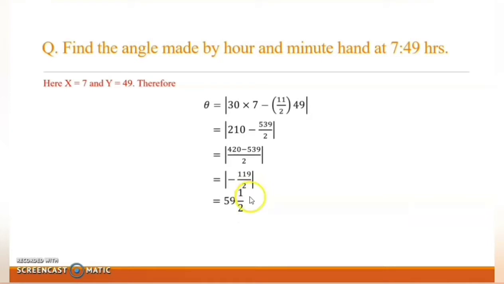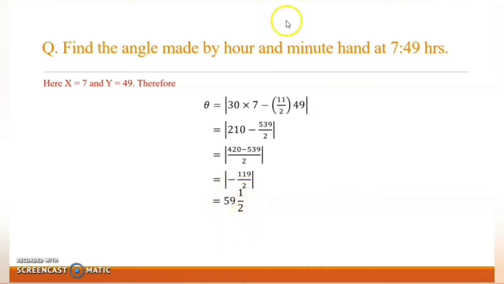Now I have skipped a step in between. Here, how does the minus sign disappear? The modulus of minus 119 by 2 becomes 119 by 2, which on simplification gives me this. Now as I have shown in the previous problem, how do I get this? When I divide 119 by 2, the quotient is 59 and the remainder is 1. Therefore 59 into 2 plus 1 gives me 119, divided by 2.